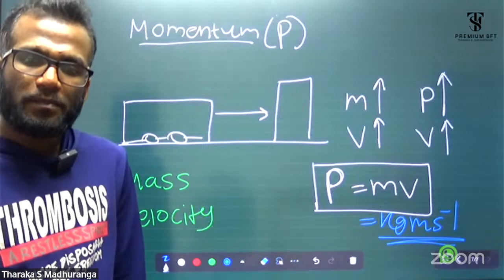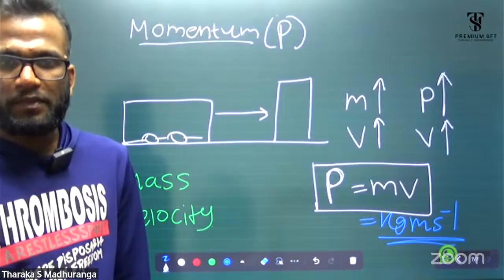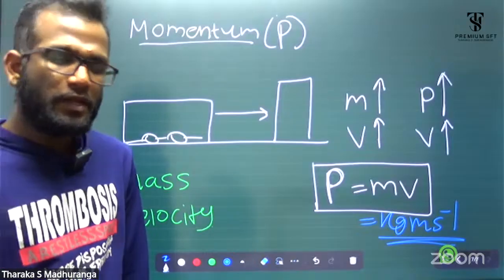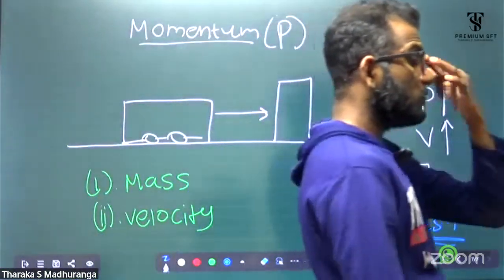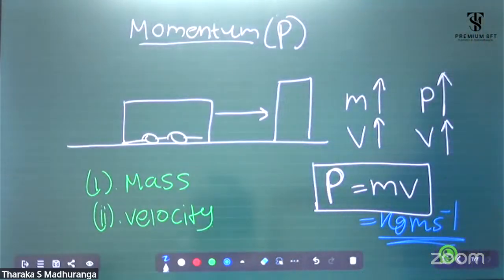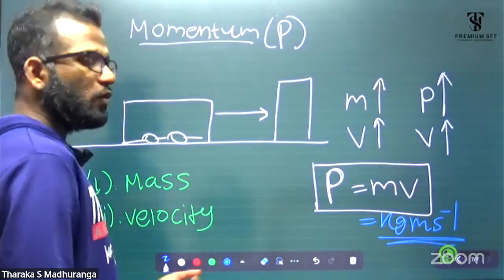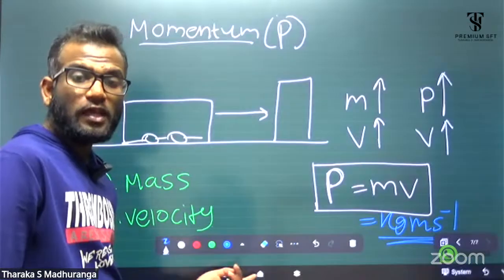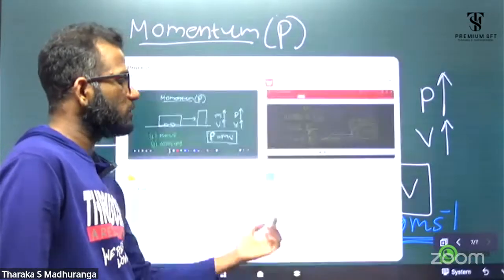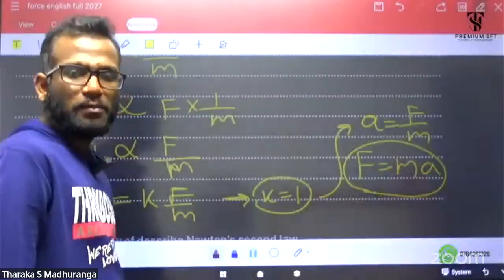Kilogram meters per second is the unit. Kg m s minus 1.